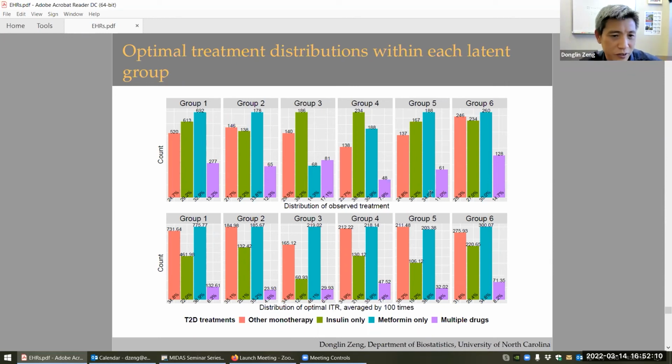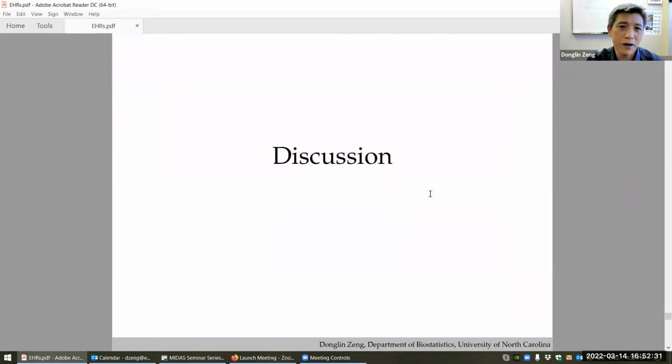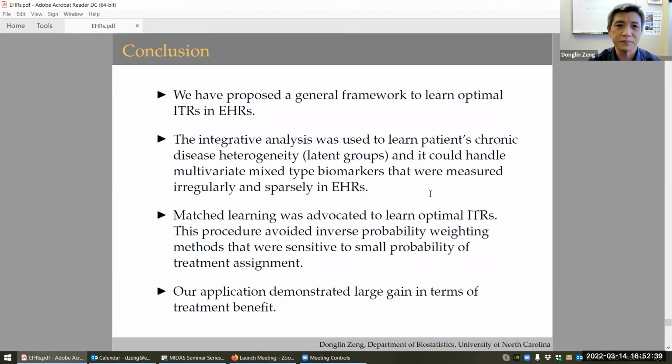So maybe for that population, standard practice would move to insulin, but insulin can increase adverse events and cause a lot of cardiovascular risk. Maybe you should stay with metformin. This is implied by the distribution, which may or may not be true, we don't know. Ideally, hopefully we can get more confirming data or external validation data to confirm our finding.